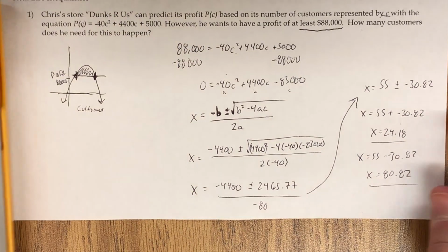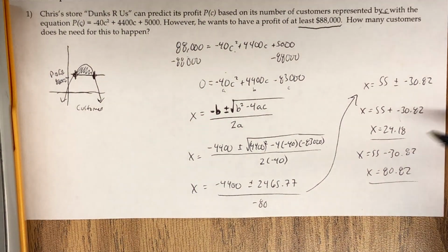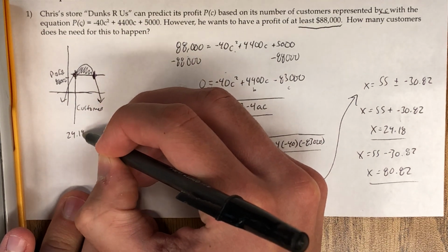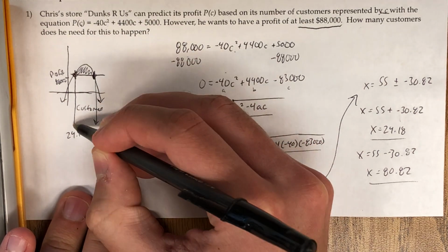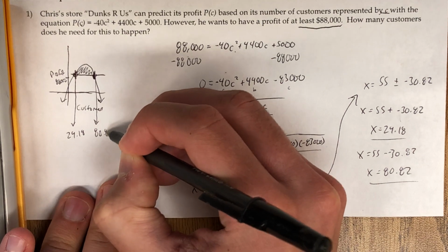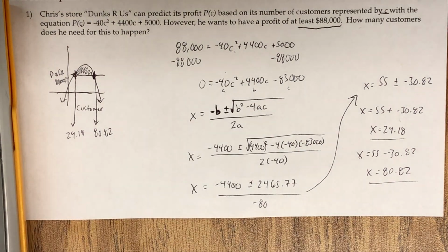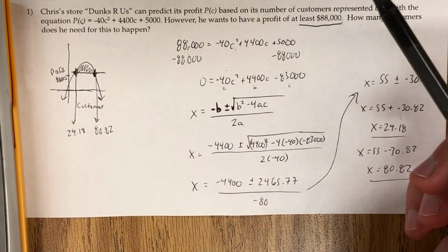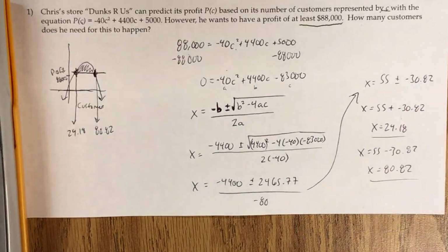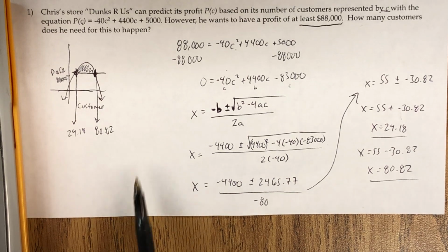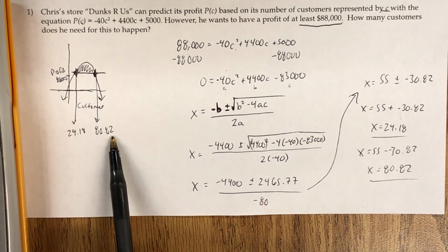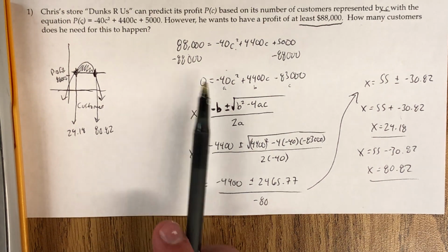So let's consider these in the context of the problem. When x is 24.18 and 80.82, those are the values that will give us a profit of exactly 88,000. So we can assume that when we have a number of customers between 24.18 and 80.82, we'll make $88,000 or more.